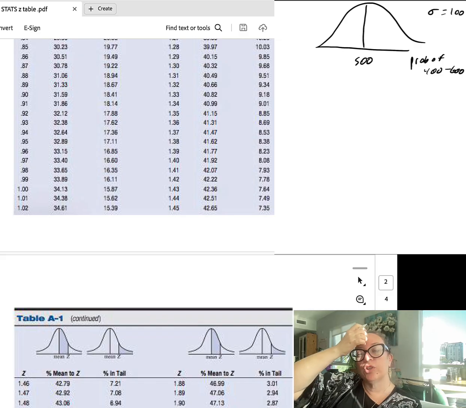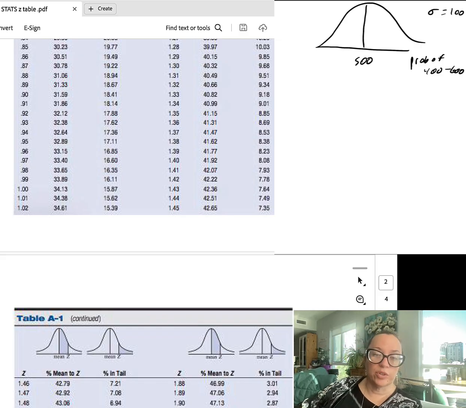Okay. So the first step is you have to convert your scores to z-scores. We can't use a z-table without having z-scores. So for 400, the z equals the score of 400 minus the mu, the average, which we know is 500, divided by the standard deviation, which is 100.